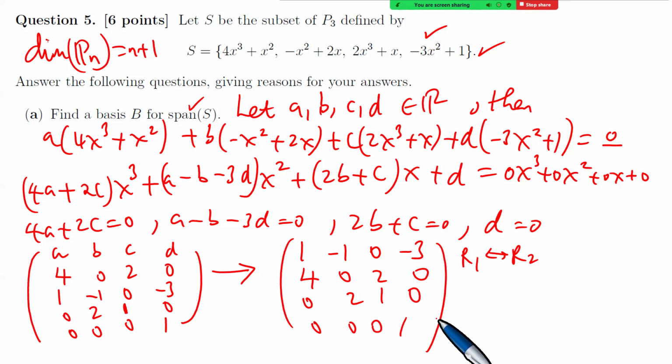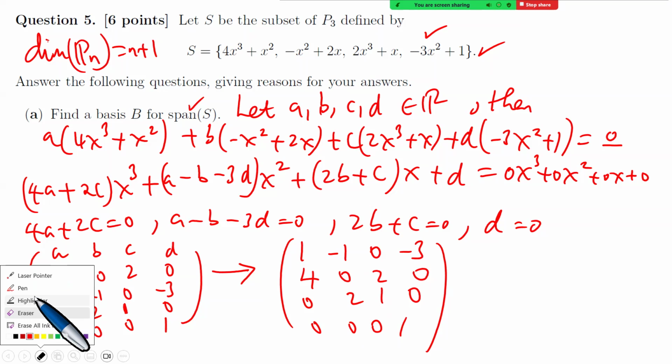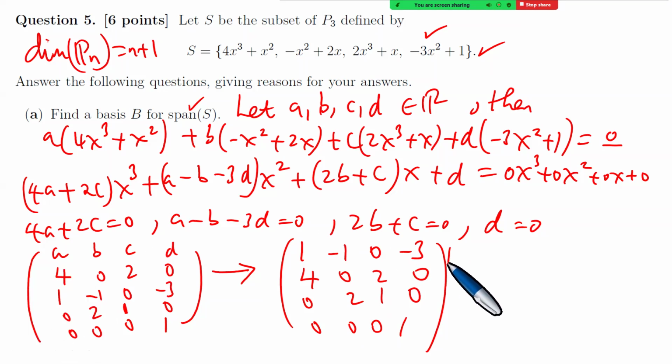Okay, so now with this, we're good. Let me just remove this. You need to put it a little bit closer. So we said row 1 is to be interchanged with row 2. Like this.